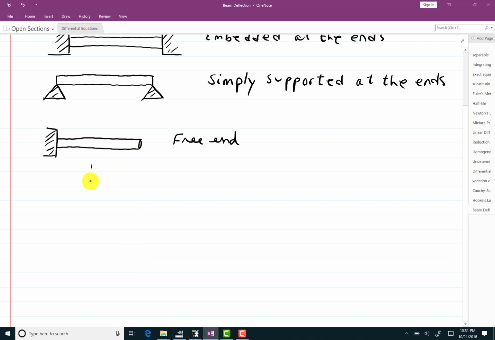Throughout, I am going to allow the beam in all cases to start at x equals 0, and in all cases the beam will end when we get to x equals L. So its length will be capital L. The center, axis of symmetry, if you will, goes right through the center of the beam.